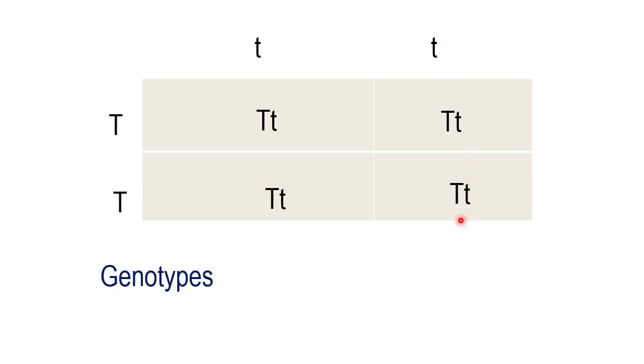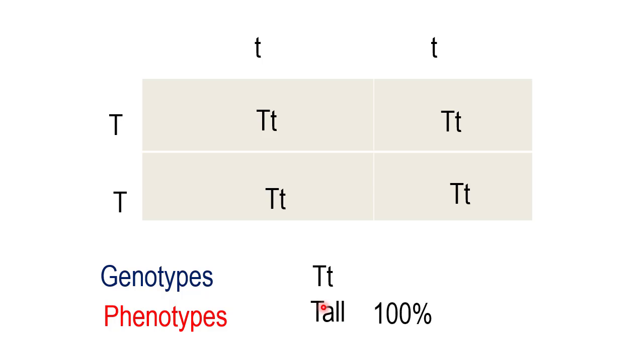So what you are going to see is a genotype that would be heterozygous in nature, and the phenotype that would be tall, 100% of them are going to be tall.